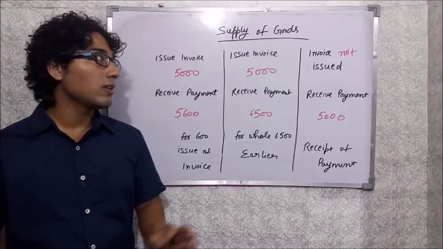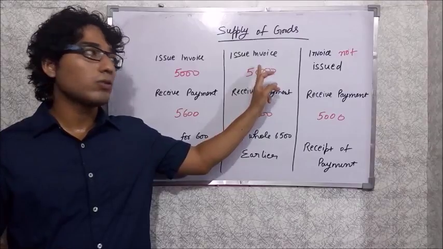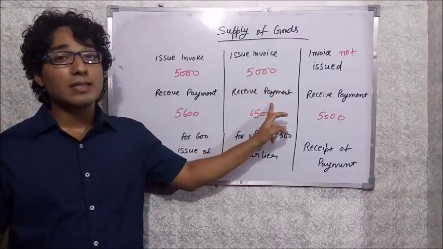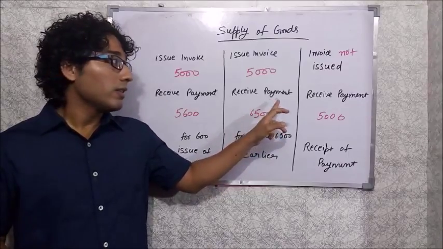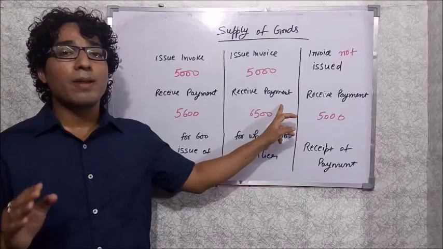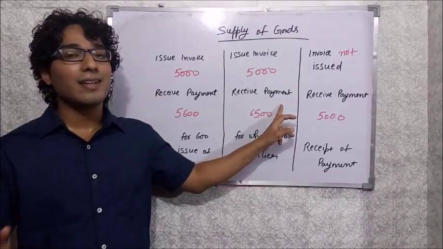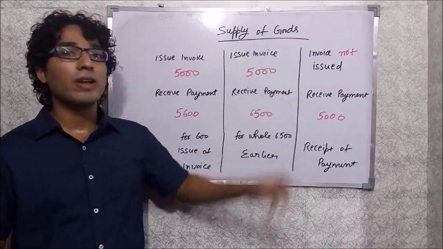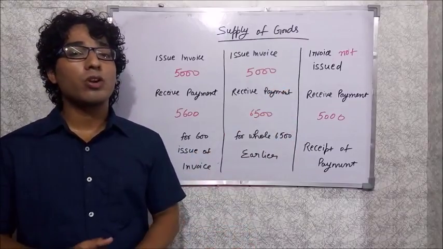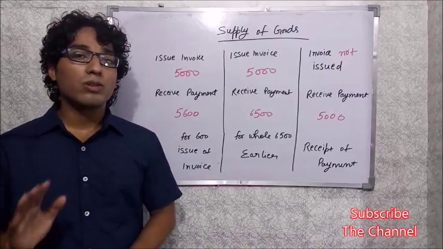In the second situation, the supplier issued an invoice of 5000 rupees and received a payment of 6500 rupees. The proviso will not be applicable in this case because the supplier received an advance exceeding 1000 rupees. So the proviso which we have discussed in this question will not be applicable because the supplier received payment in excess of 1000 rupees.